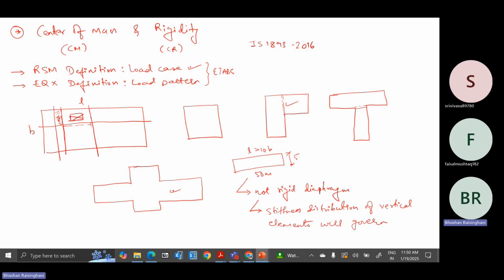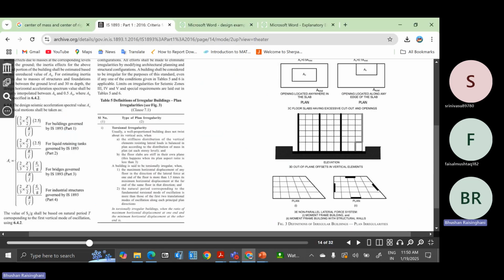So it will become a flexible diaphragm, and in that particular case, it will not be termed as a well proportioned building. So what they are saying is, if you keep the aspect ratio of the slab, L by B, not more than 3, then it is a proportionate size.